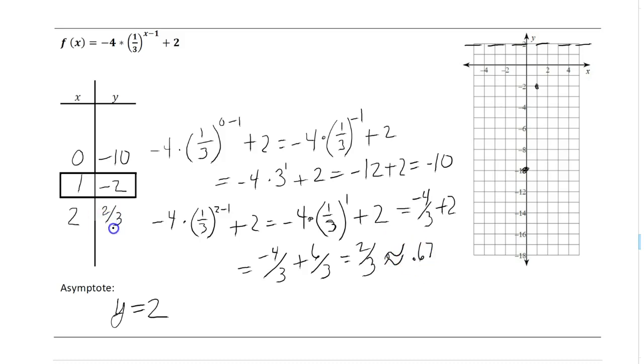Graph the point (2, 2/3). These 3 points give us a general idea of the shape of the graph. Notice that the graph is below the dotted line. This is called reflected. It is reflected because the multiplier is negative. Every time the multiplier is negative, the graph will be below the dotted line.